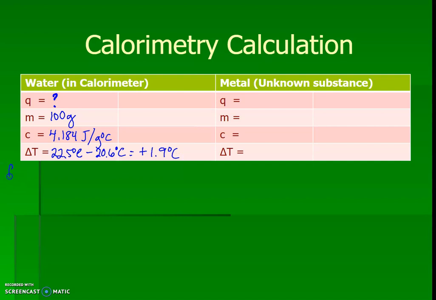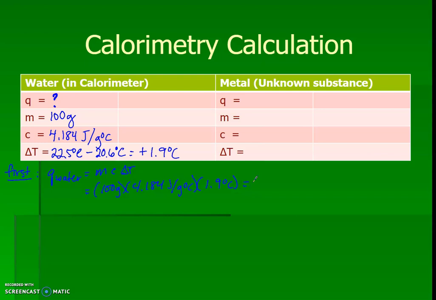So first, I'm going to figure out what the Q of the water in the calorimeter is. So the Q is equal to mc delta T. The mass is 100 grams, c is 4.184 joules per gram degrees Celsius, and the delta T is 1.9 degrees Celsius.